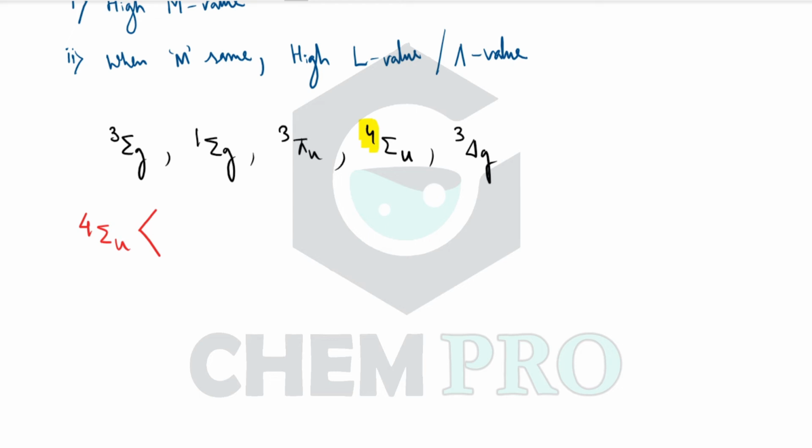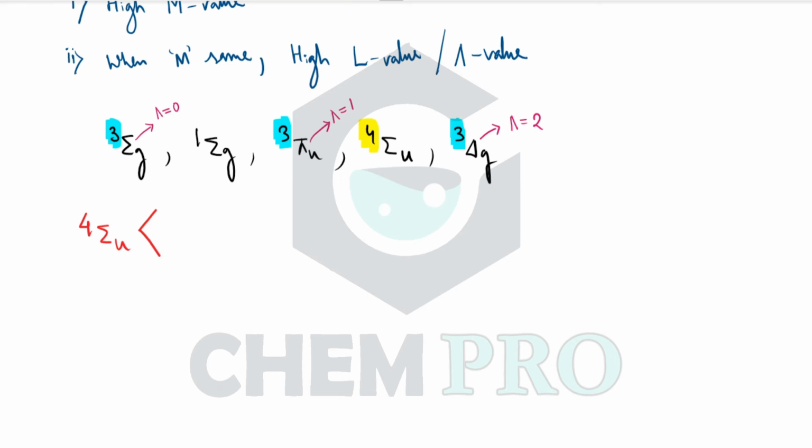Then here we can find that there are 3 term symbols that have the same M value of 3. So we have to find the highest L value. For sigma, the lambda value is 0. For pi, lambda value equals 1, and for delta, lambda value equals 2.